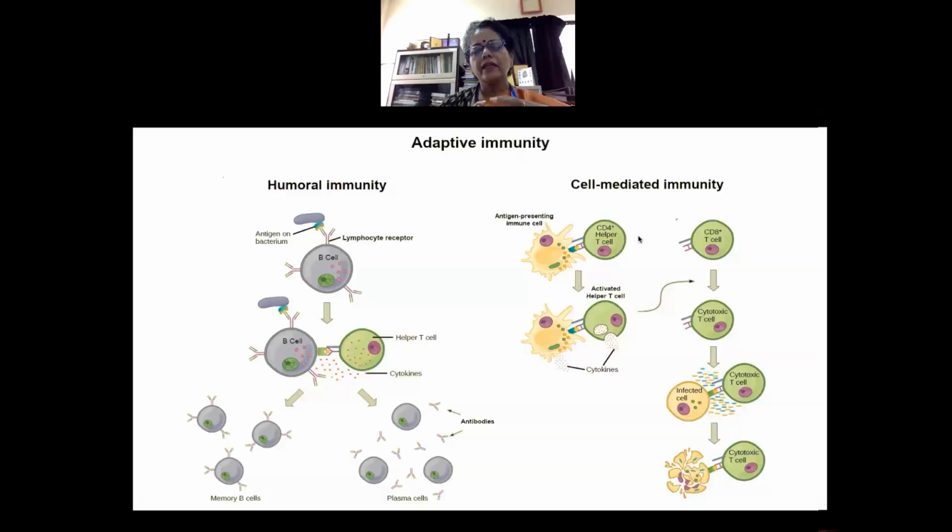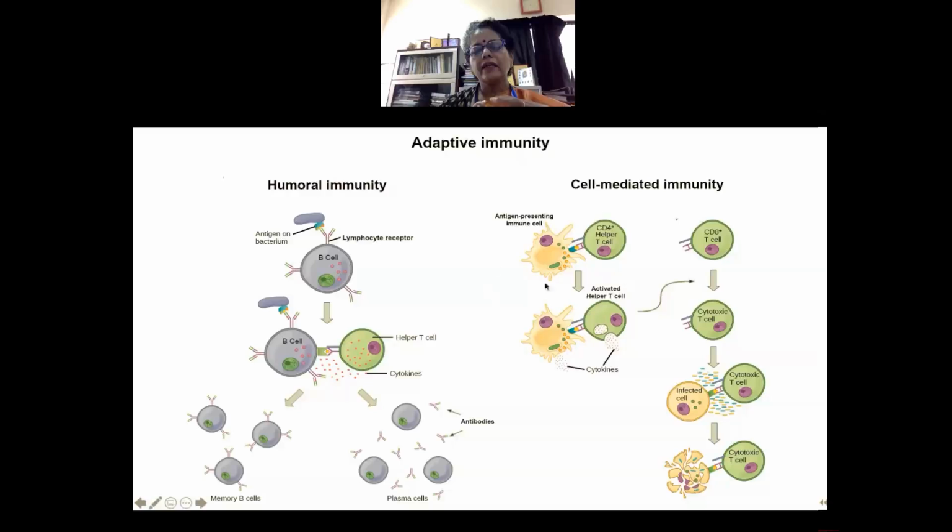The naive T cells are stimulated by the antigen presenting cells, which engulf the antigenic insult or pathogenic cells.